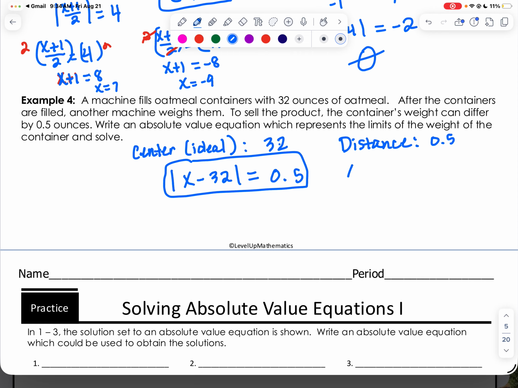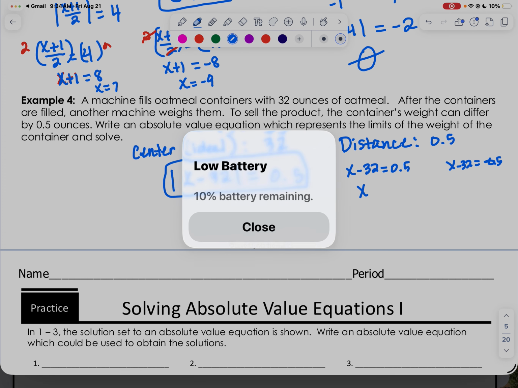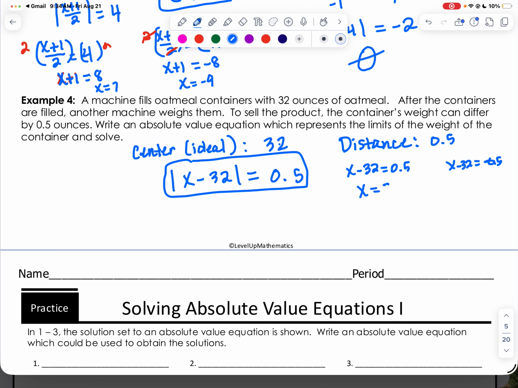If I was going to solve this, then I would split it apart and solve. So here I would add 32. So the container could weigh 32.5 ounces and be okay. And here I would add 32.